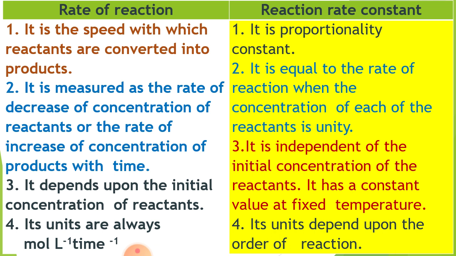Third point of difference: rate of reaction depends upon the initial concentration of the reactant, but the rate constant is independent of the initial concentration of the reactant. It has a constant value at fixed temperature. That means it only depends upon the temperature, not the concentration of the reactant.